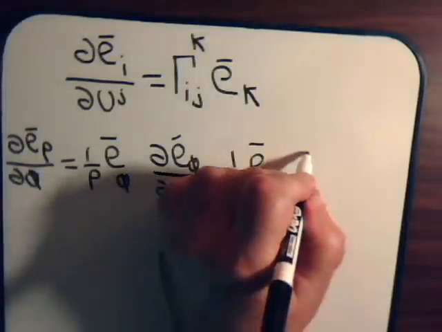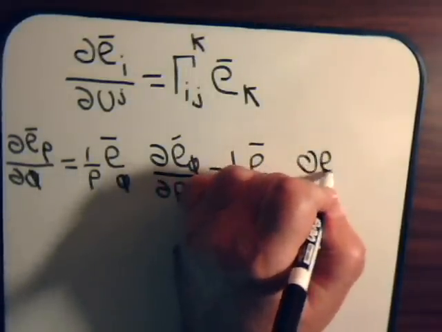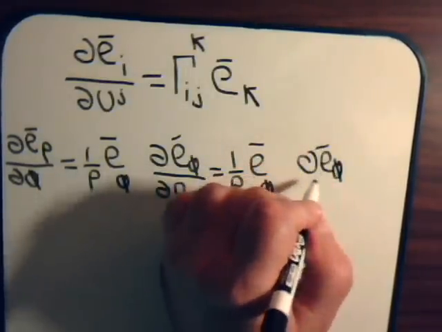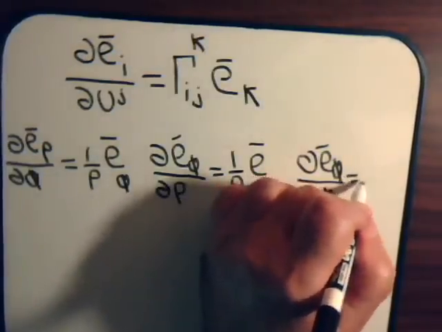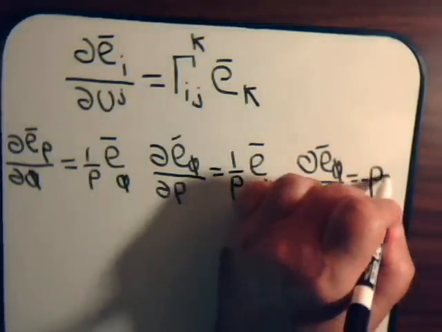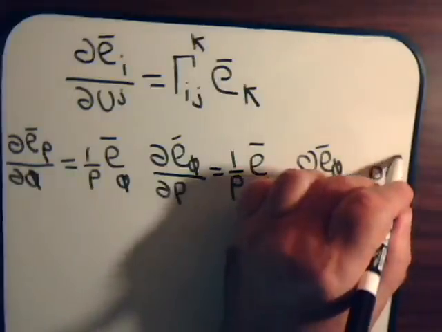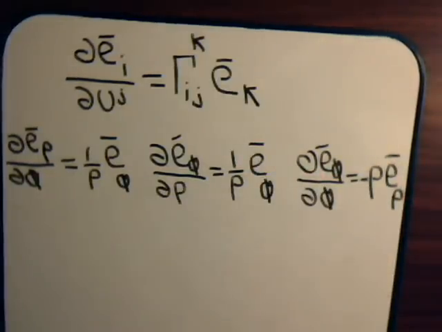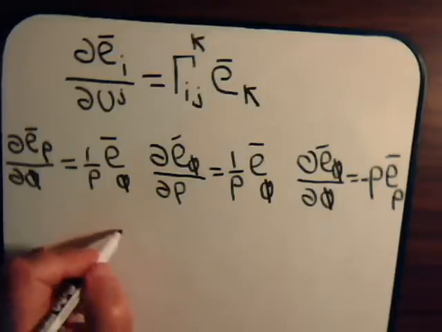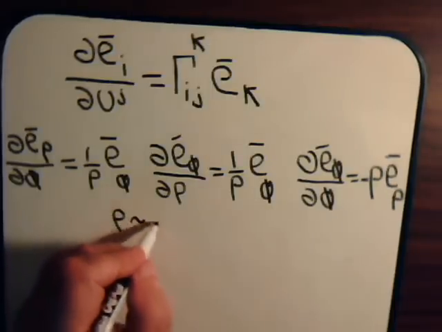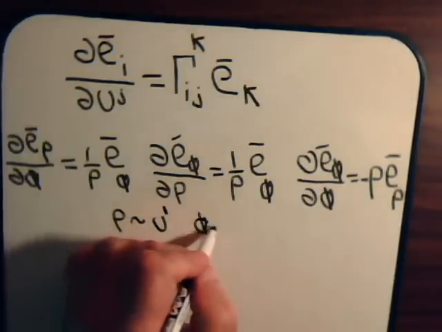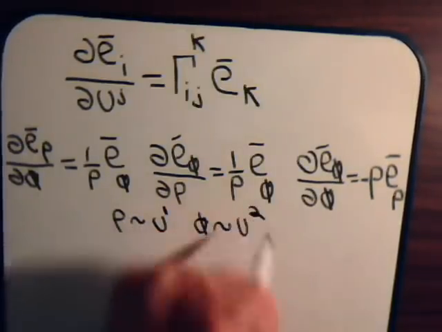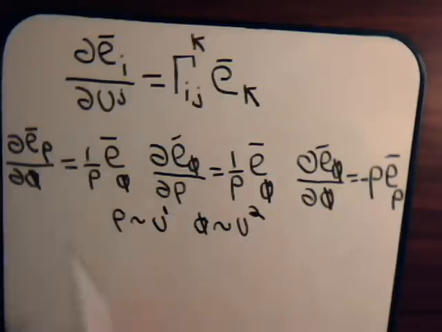Then we have the partial of E psi with respect to psi, and that's minus rho E rho. So these are the 3 equations that we had derived. Reminder now that rho corresponds with U1 and psi with U2, and there is no expression involving z.